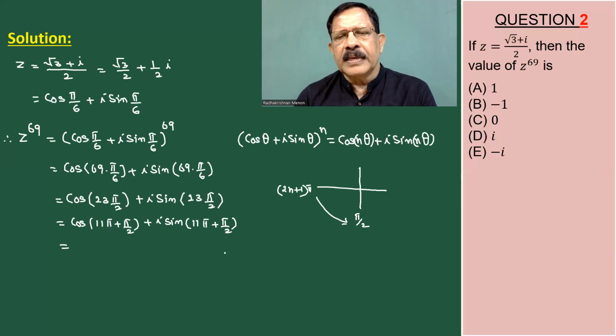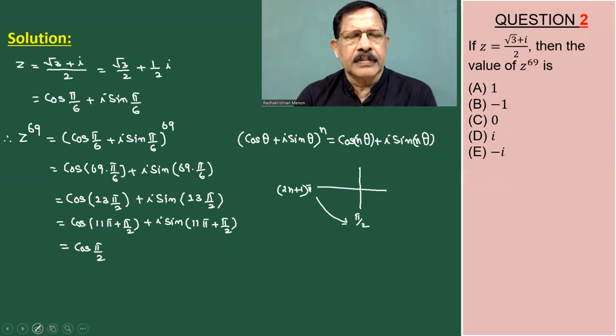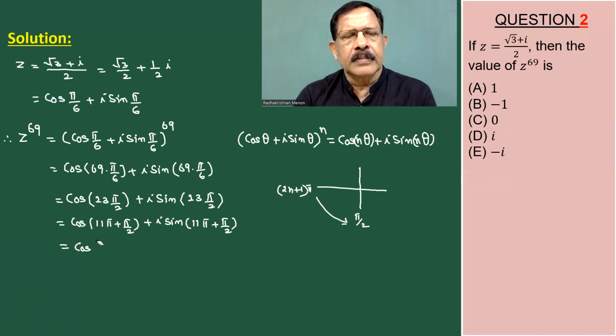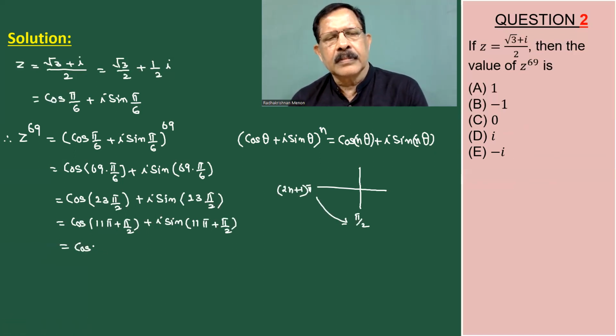So this will be cos of 11 pi plus pi by 2, which is cos of minus pi by 2, plus i sine of minus pi by 2.